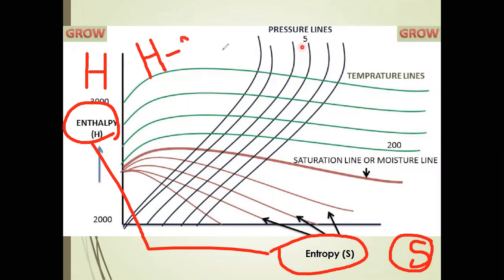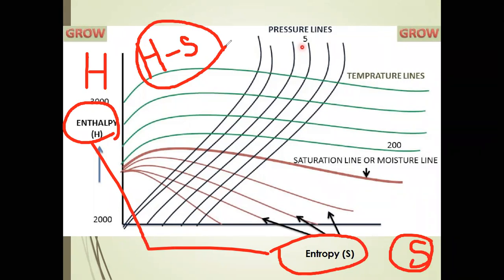That's why it is known as the Mollier chart, the Mollier diagram, the enthalpy entropy chart, or the HS chart. All are the same, just different names.